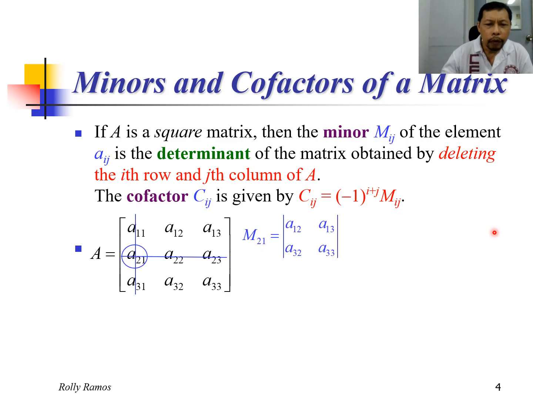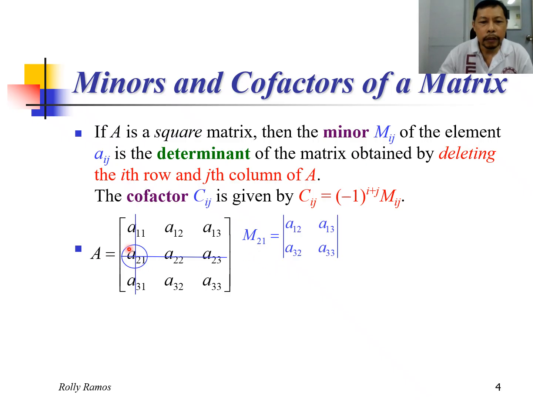Okay, so for element A21, the minor of this element, M21, would be equal to the determinant of the elements that remain after deleting the second row and first column.